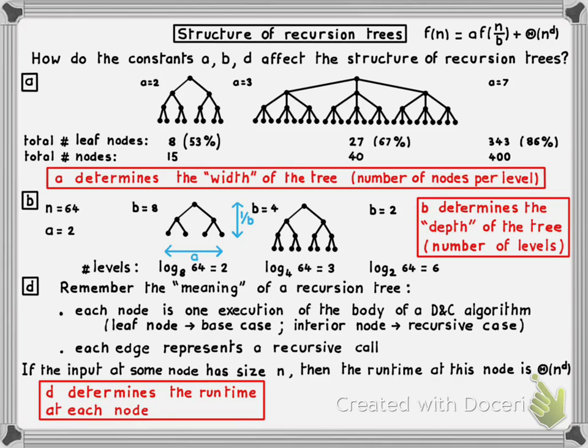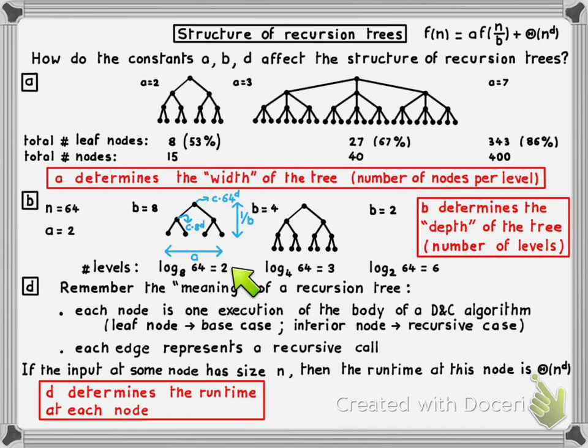So in general, we have a constant c times n to the power d. Here n is equal to 64, so that would be the runtime at this root node. Now similarly, at this node, the runtime would be c times the size of the input, power d. Since the size of the input is n over 8, in this case it's 64 over 8, we have a runtime of c times 8 to the power d.